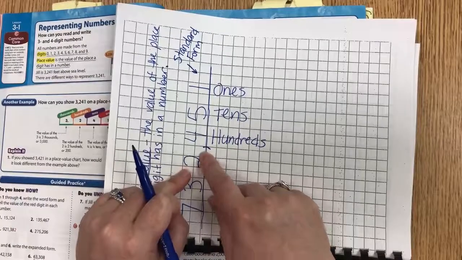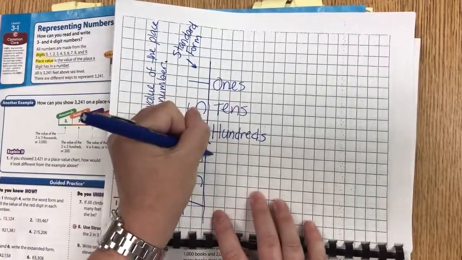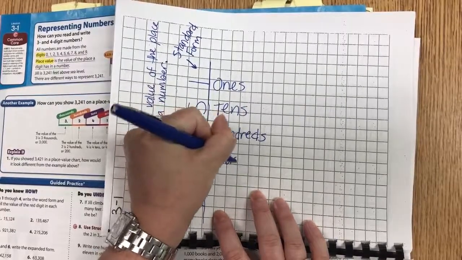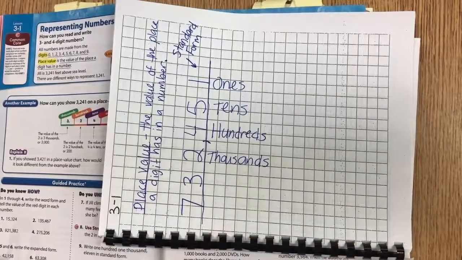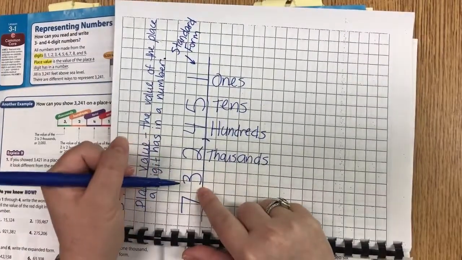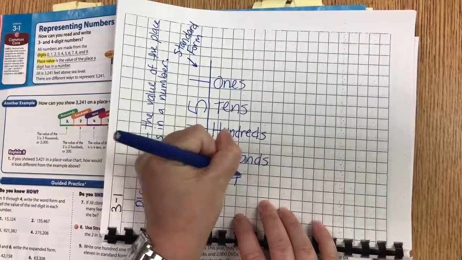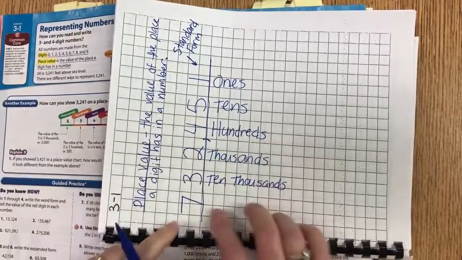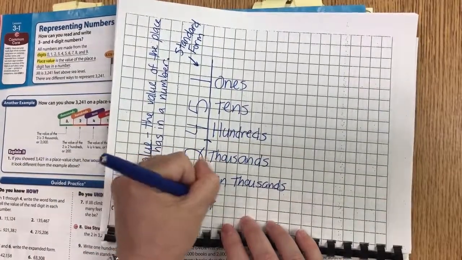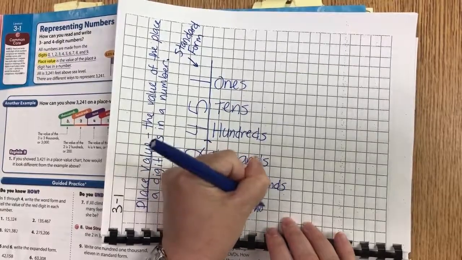This 2 right in front of the comma, which always gives it away, is my thousands place. This 3 is my 10,000s place. And the 7 is my 100,000s place.